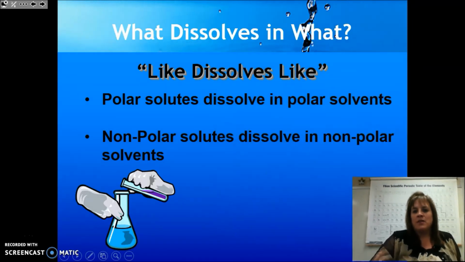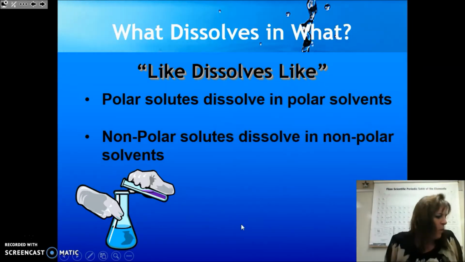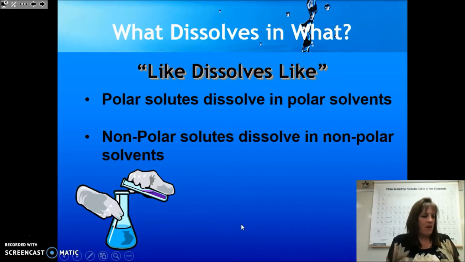So let's talk first about what dissolves in what. Why did the salt dissolve in water, but the oil did not? Well, it's all based off this thing called like dissolves like. Polar solutes, like sugar, and ionic, which would be polar, like salt, dissolve in other polar solvents.